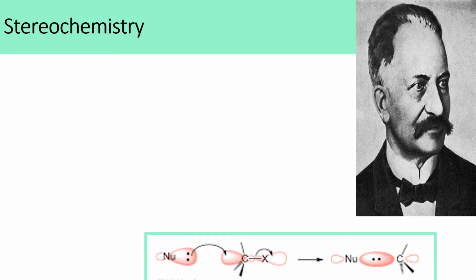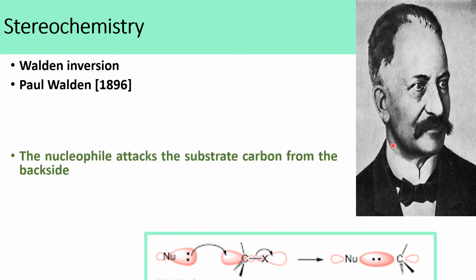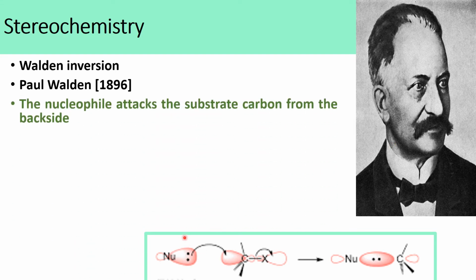Stereochemistry of SN2 reaction. We know it undergoes Walden inversion. This type of inversion was first seen by Paul Walden in 1896. That means the nucleophile attacks the substrate carbon from the backside. Here you can see the nucleophile attacks the carbon through the backside.